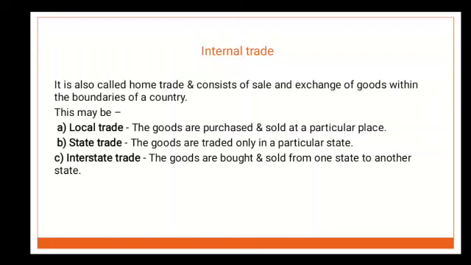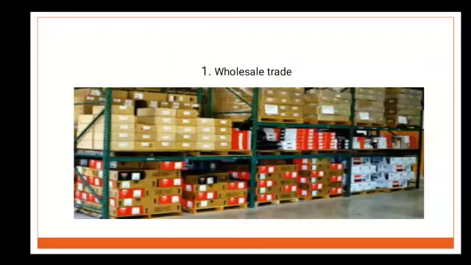Second, in state trade, the goods are traded only in a particular state. And third, in interstate trade, the goods are bought and sold from one state to another state.